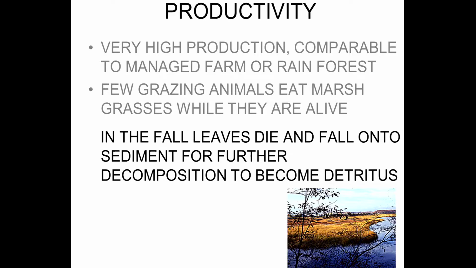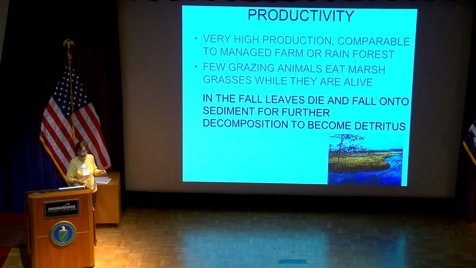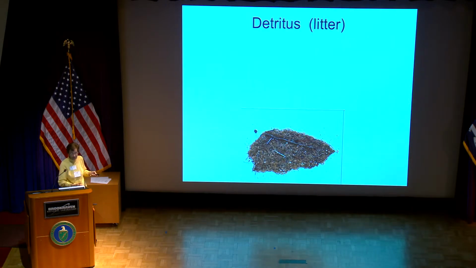So what happens is that in the fall, the plant dies, the leaves fall onto the marsh surface, and bacteria and fungi work on them, decaying them. And that turns into detritus. Detritus is basically decaying plant material plus the microbes that are decaying it. And so here's the detritus.